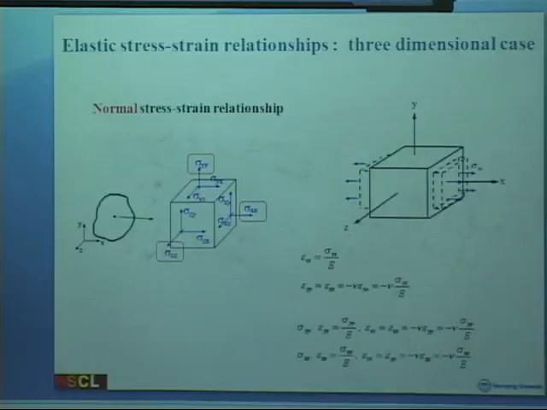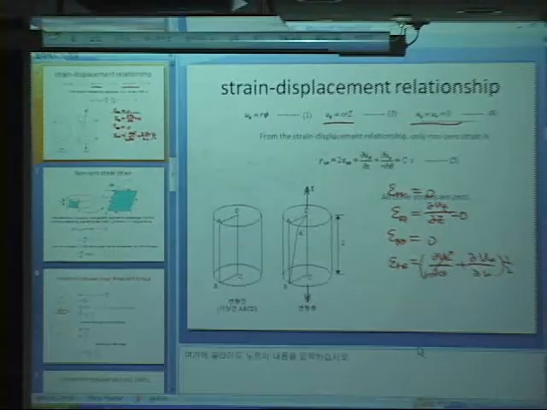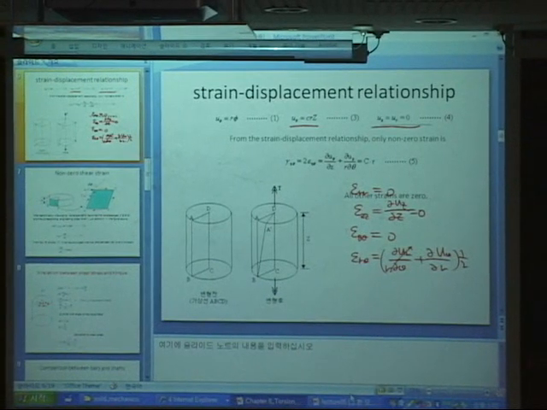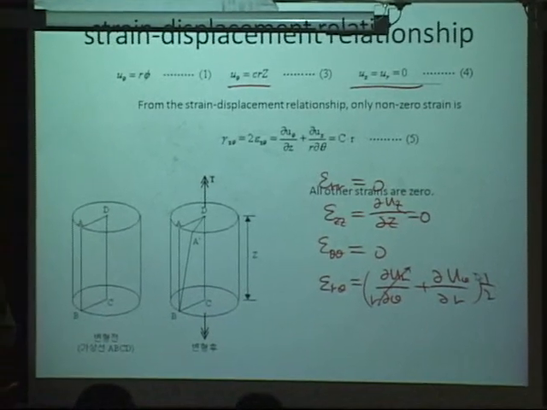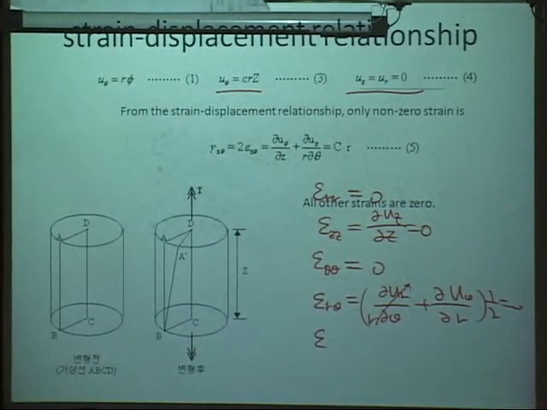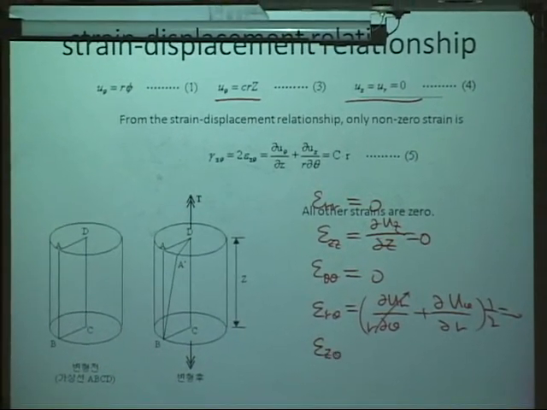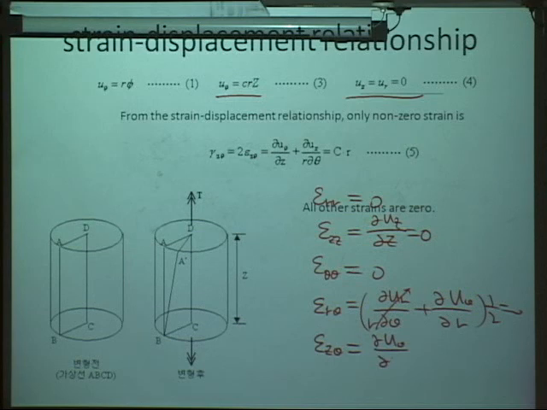Anyhow, to conclude, what I want to say is that this one is also 0. Okay, this is also 0, and epsilon z theta is the only non-zero component, which involves theta z and z r round theta.